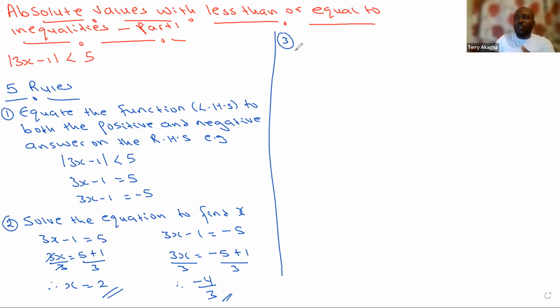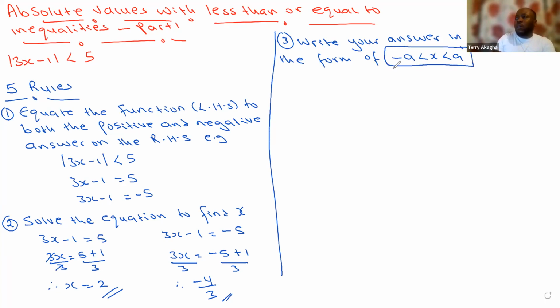Because it's less than, you write your answer in the form of -a < x < a.